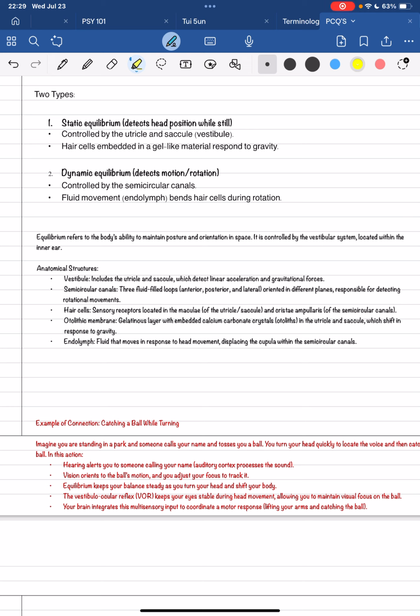Hair cells are sensory receptors located in the maculae and cristae ampullaris. The otolithic membrane is a gelatinous layer with embedded calcium carbonate crystals. These shift in response to gravity. And the endolymph is fluid that moves in response to head movement, displacing the cupula within the semicircular canals.